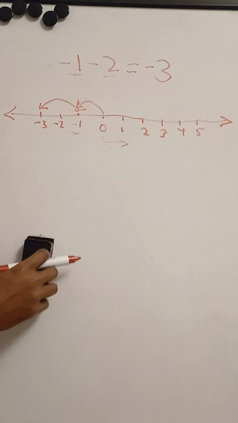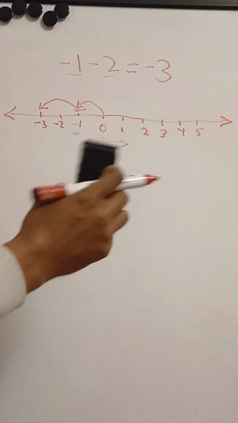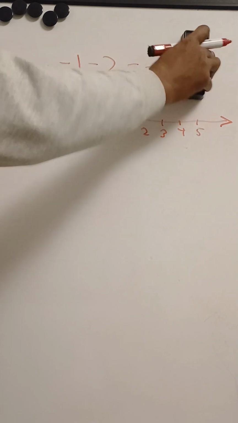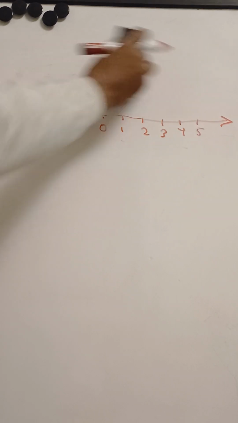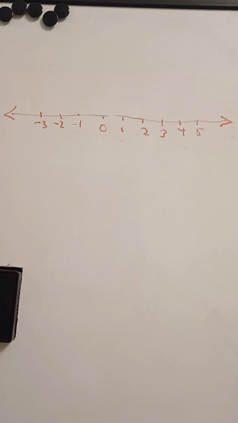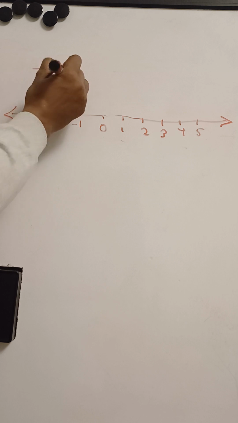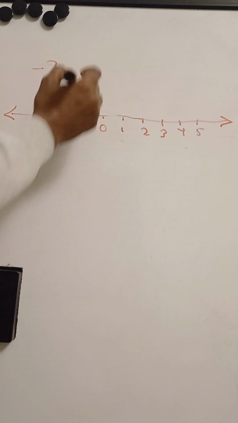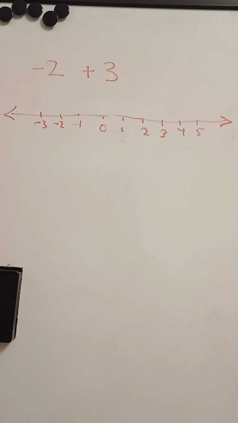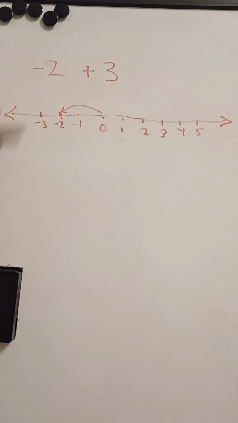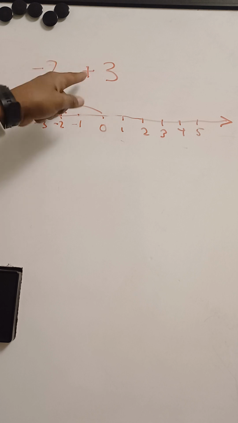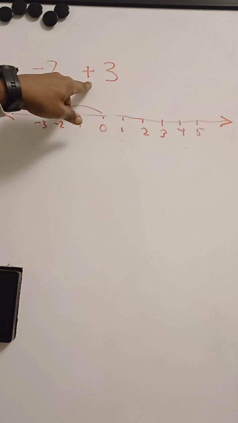This is basic. This is all known for us. What if I have a negative number plus a positive number? For example, if I have -2 plus 3, we're starting from -2, but plus a number, not minus, plus a number, that means we move in which direction?